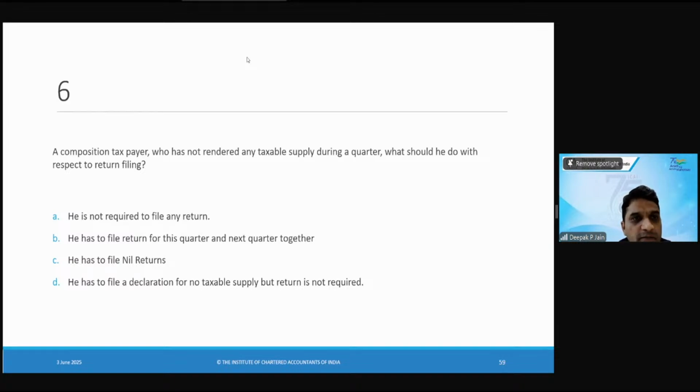So we have only 8 MCQs, 3 more to go. What is the answer for the sixth one?